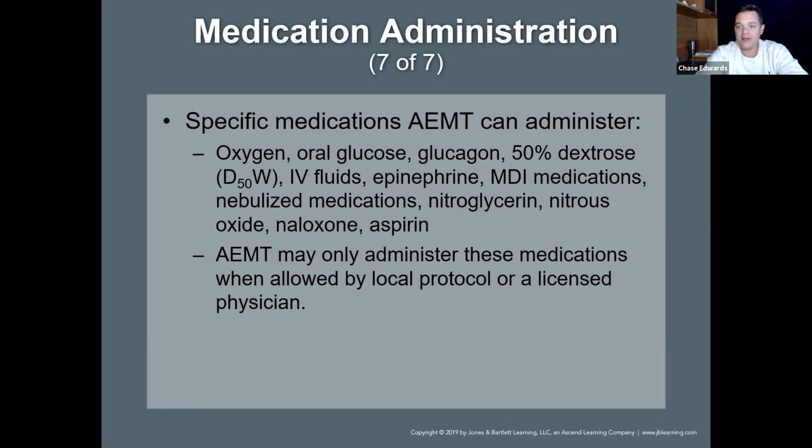The IV fluids that you can give are going to be D5W, which is what? 5% dextrose, right?